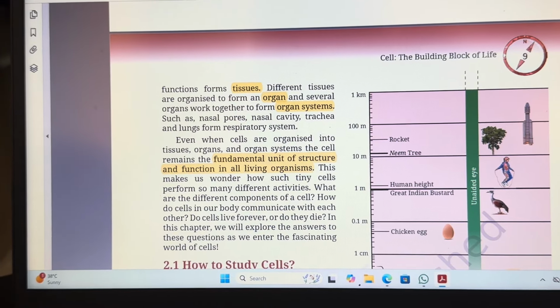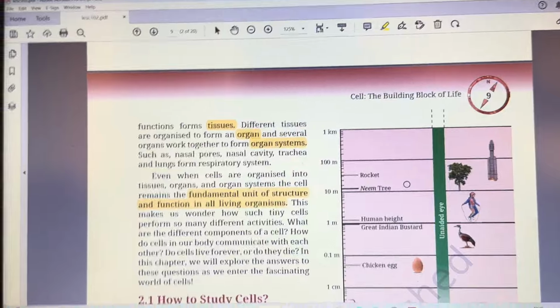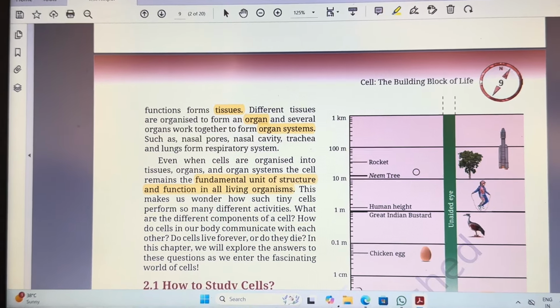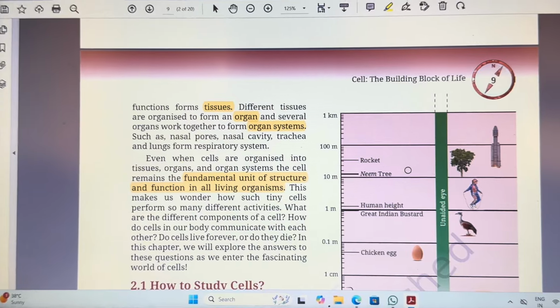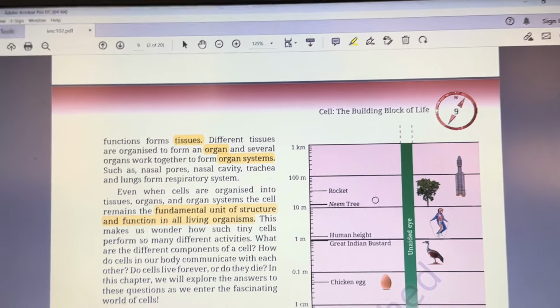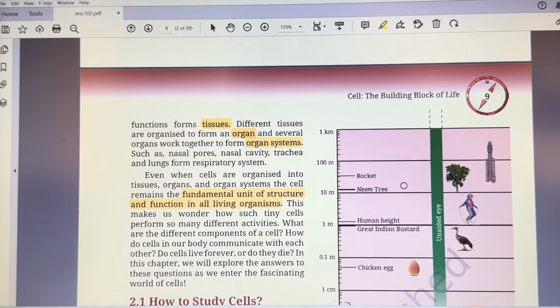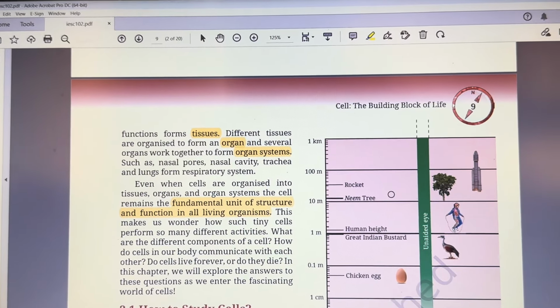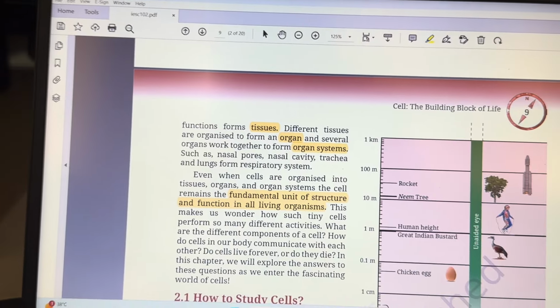This was the introduction of this chapter, where we have seen what a cell is, and that similar cells group together to form tissues and organ systems. We saw about hot springs, and we also saw what a cell is. Next we will be seeing how to study cells in the next video. Thank you.